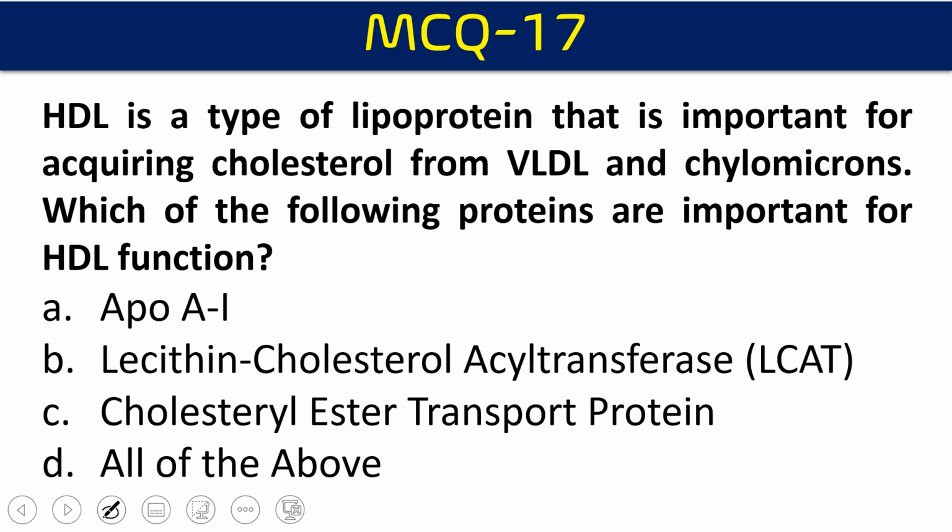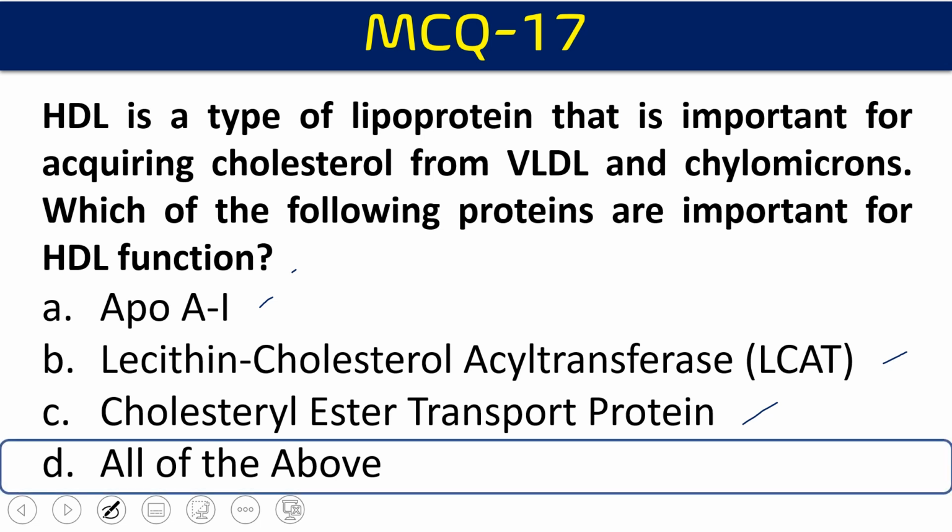Next question: HDL is a type of lipoprotein that is important for acquiring cholesterol from VLDL and chylomicron. Which of the following proteins is important for HDL function? Apoprotein A1, LCAT, cholesterol ester transfer protein, or all of the above? The correct answer is all of the above. ApoA1, LCAT, which we have seen, and CETP all three help HDL acquire cholesterol from other lipoproteins like VLDL and chylomicron.